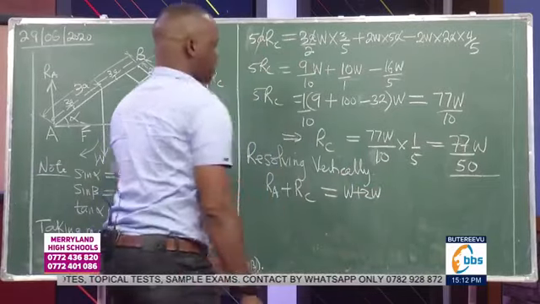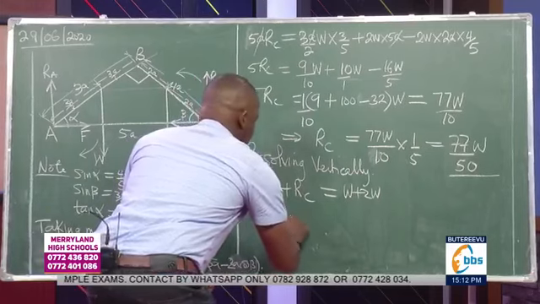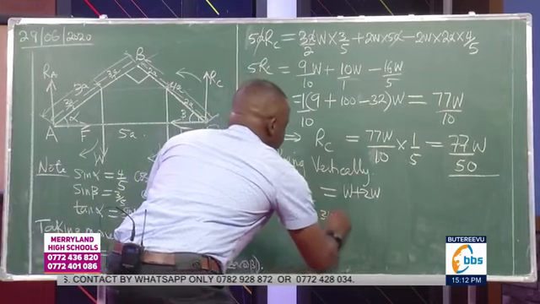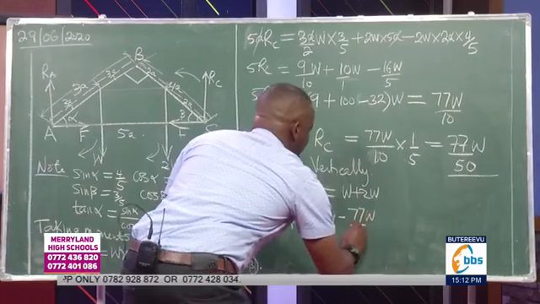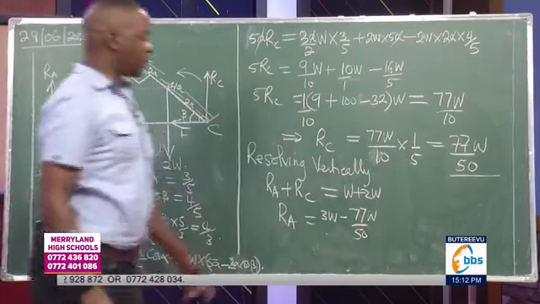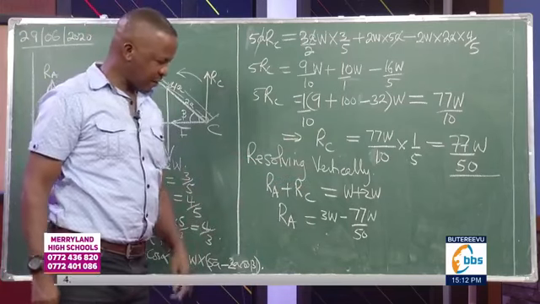And of course, we already have the value of RC. Our intention is to get RA. My RA is 3W minus 77W out of 50. If we make RA the subject, we take away RC from the other side.